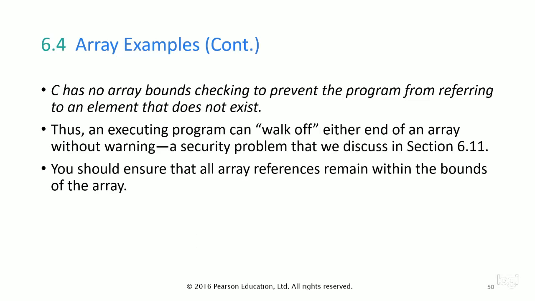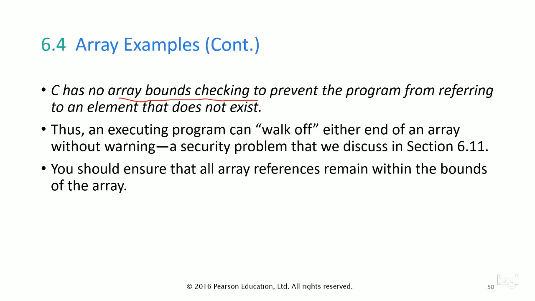This is again the explanation. Now one more thing which is kind of important to remember is that C has no array bounds checking to prevent the program from referring to an element that does not exist.